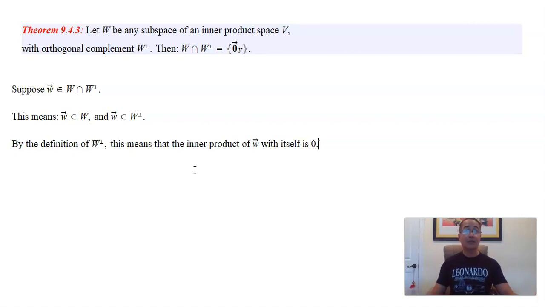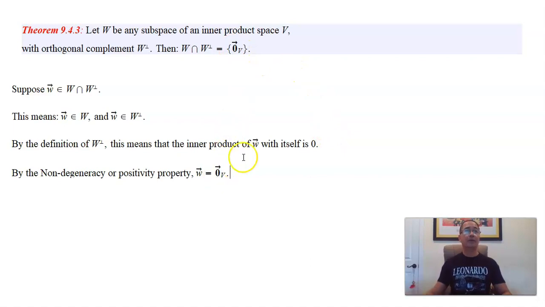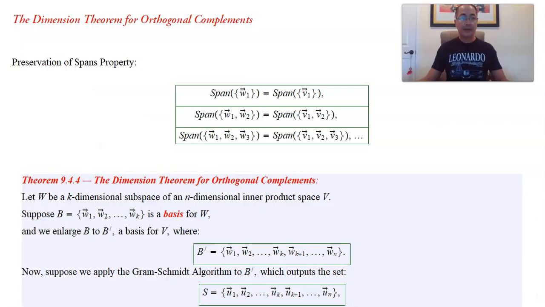Well, we have the non-degeneracy property. So w has to be the one and only 0 vector. By the non-degeneracy or positivity property, it has two names, w has to be the 0 vector. Therefore, the only vector in the intersection has to be the 0 vector.